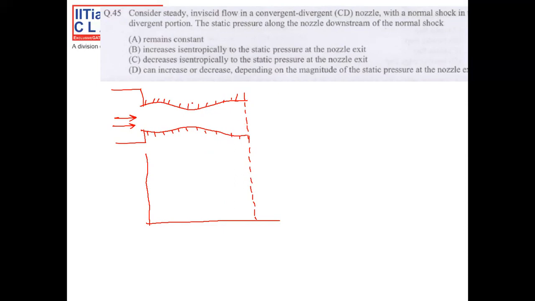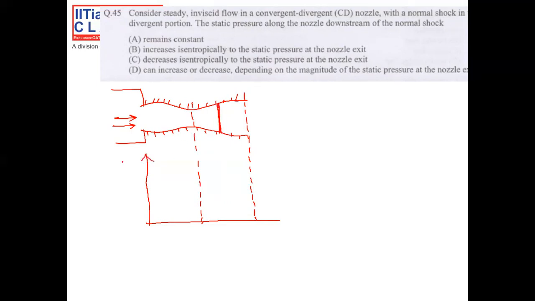This is the exit of the CD nozzle, this is the throat. Now, as per the question, a normal shock is there in the divergent portion of the CD nozzle. So this is the normal shock.